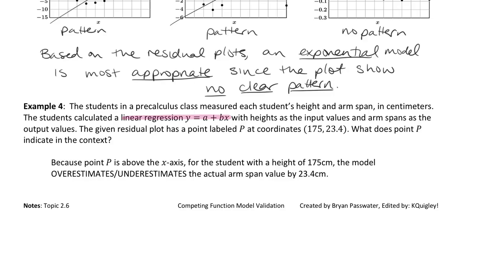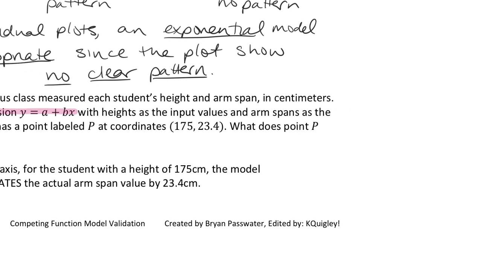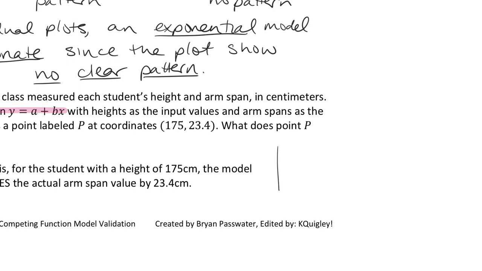What does point P indicate in the context? If we were looking at this on a residual plot, and I'm going to zoom in over here because I can't write small enough for this. On a residual plot, you have 175 as the input, and you have 23.4 as the output.